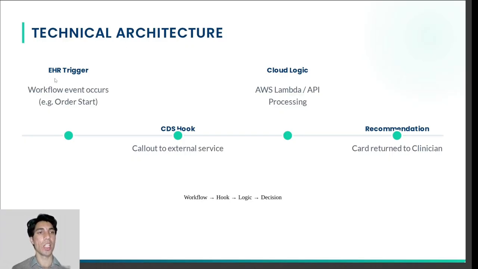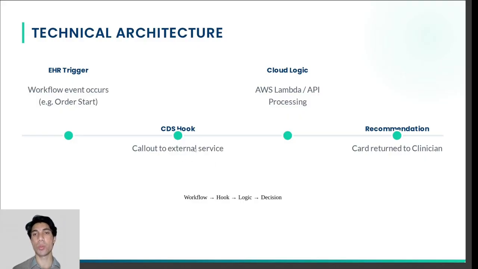So first of all, this is the normal EHR workflow going. For example, a clinician could just open a patient record, and that event occurs. When that workflow event occurs, it triggers a CDS hook, and that CDS hook calls out to an external service.